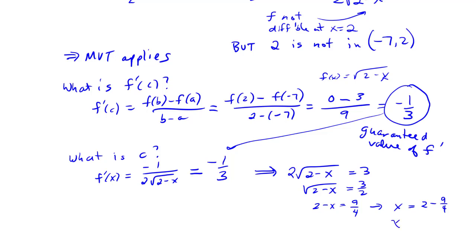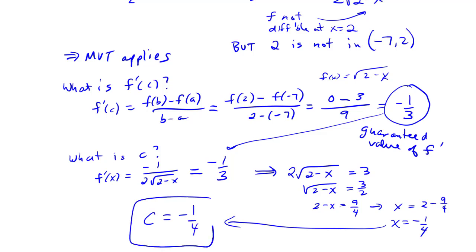So x is 8/4 minus 9/4, that's -1/4. And notice that that -1/4 does fall within our interval from -7 to 2. So in fact, that's the value we were looking for. There is our c value.